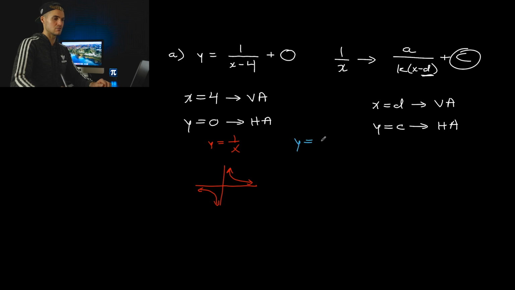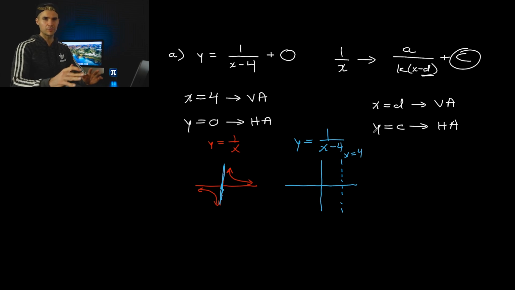So that vertical asymptote at 0 gets shifted 4 units to the right. Now that means the vertical asymptote is going to happen at an x value of 4. And we got that over here just from looking at the function, knowing that the d value is the vertical asymptote. So there are multiple ways you can think about this and come up with the function.